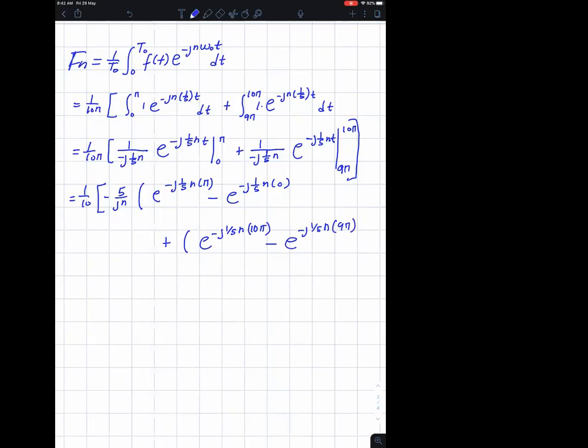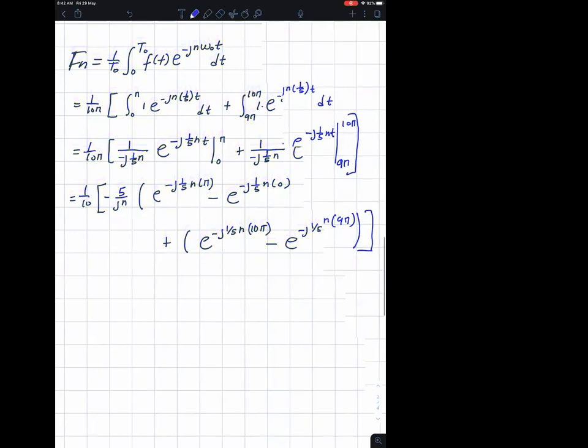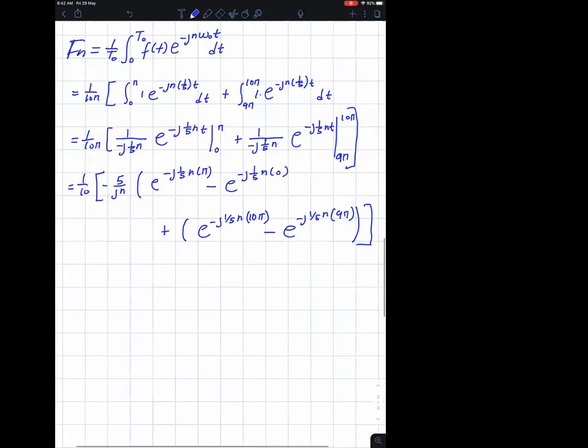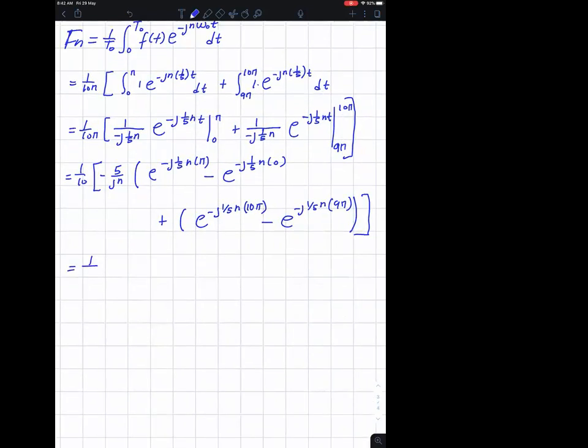So it looks like the pi is missing here.